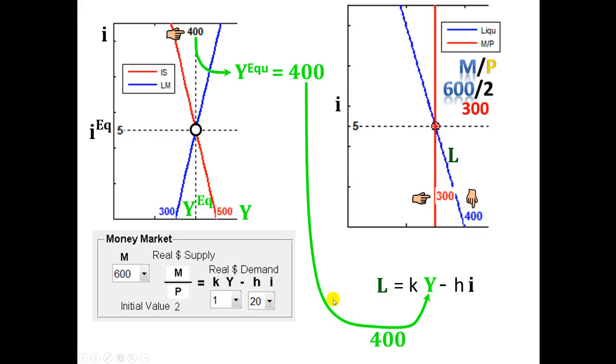So knowing that K is 1, then we can find this value. How do we find this value? Making the interest rate equal 0. If the interest rate is equal to 0, then this term is 0. Then what we get is that the value for L is Y, which is 400. Then we find this 400.